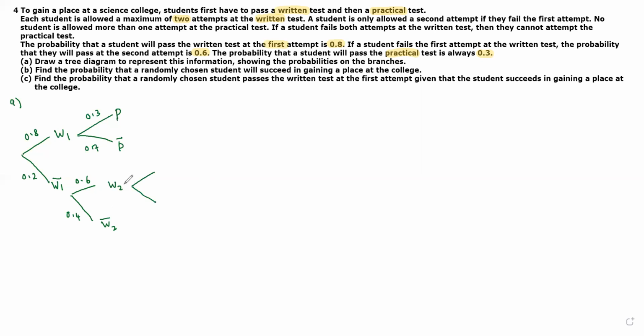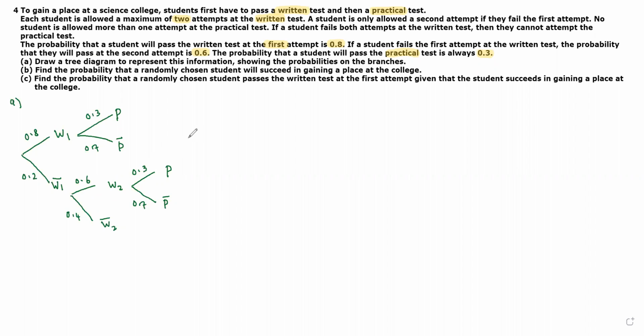If they pass the second written test, they will have to go through the practical test. Either they pass or they fail. The probability of passing is 0.3, and the probability of failing is 0.7. That will give us a tree diagram.